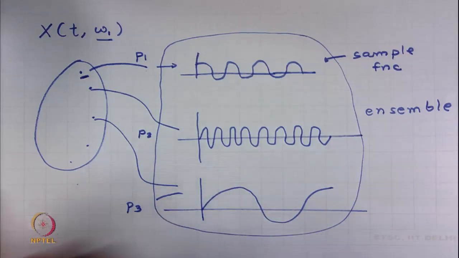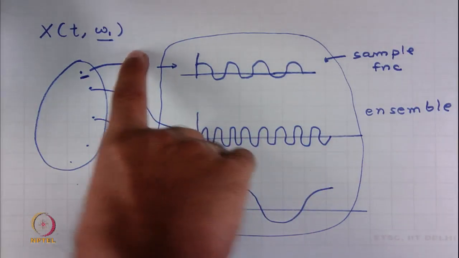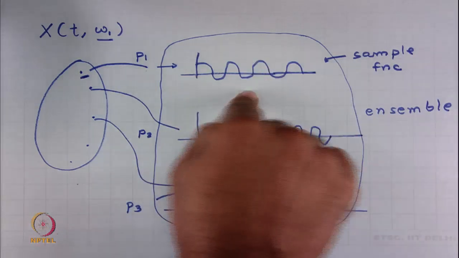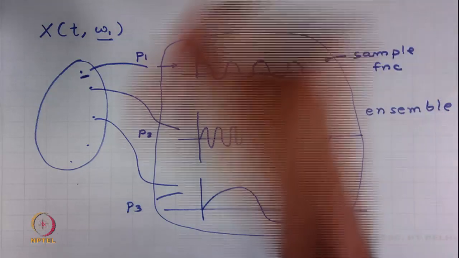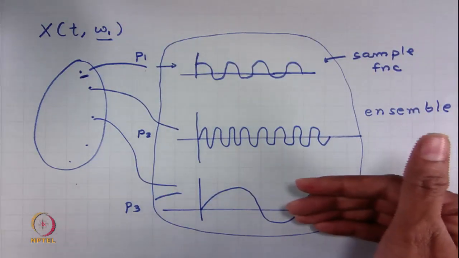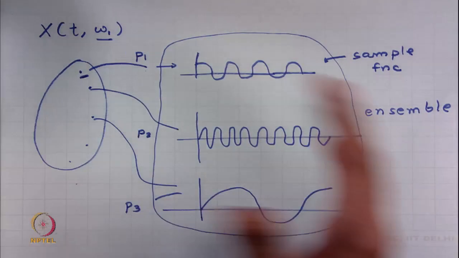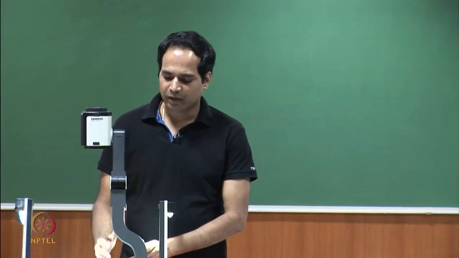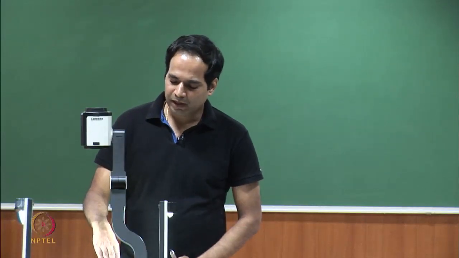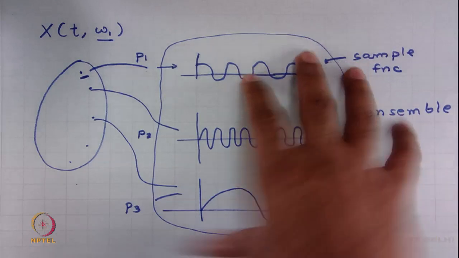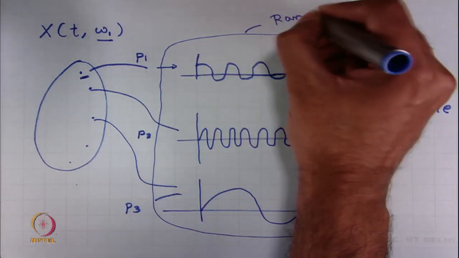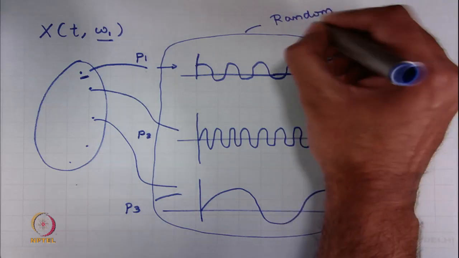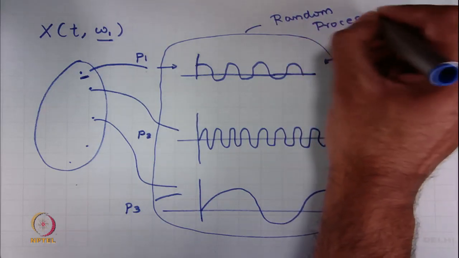So, I now have a probability rule which tells me the probability of each sample function occurring, and then I have an ensemble which is a family of sample functions, and collectively combining both of these things together, that means having a probability rule and having an ensemble leads to a random process. This is another way in which you can think about a random process.